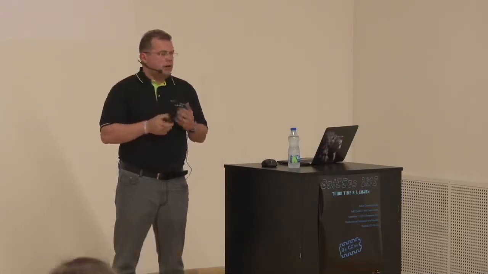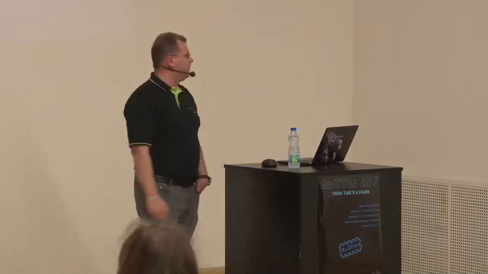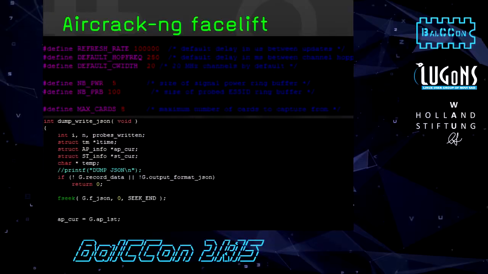So actually, the winner to get JSON out of airodump was changing the source code. We are still thinking about contributing this to the main branch of airodump, and we did a little bit of facelifting of aircrack. The first thing that we noticed is that this number changed in the last year and a half.